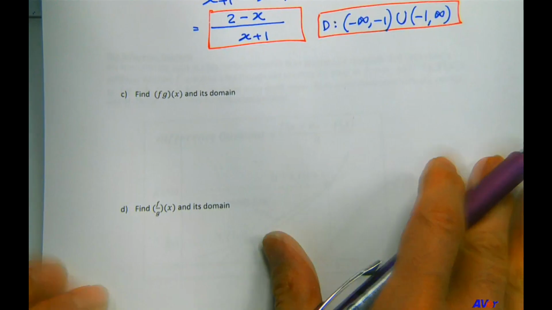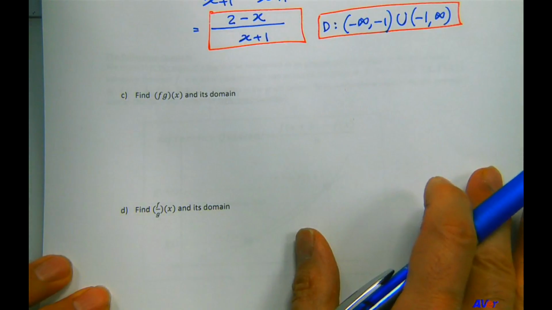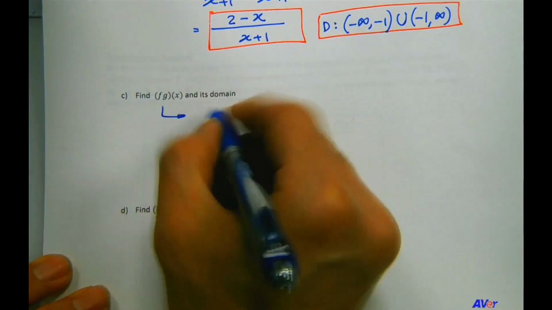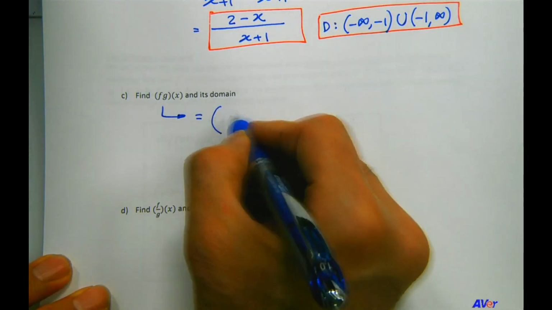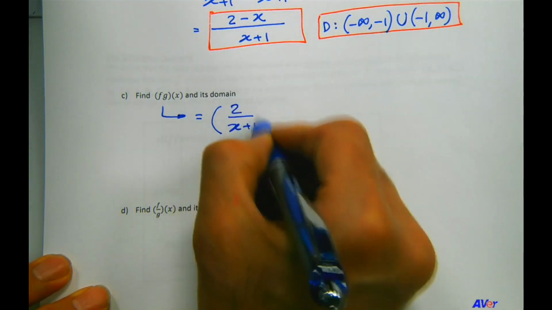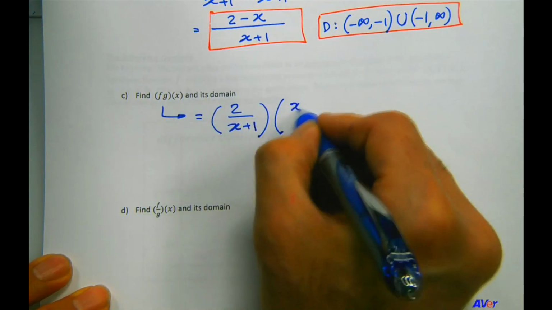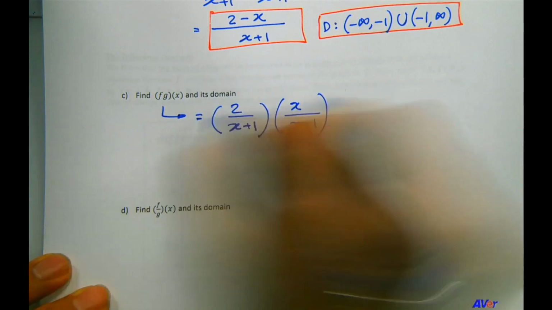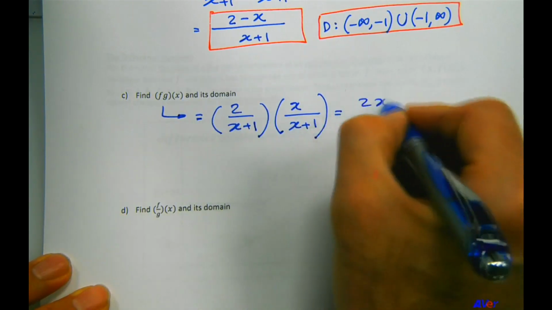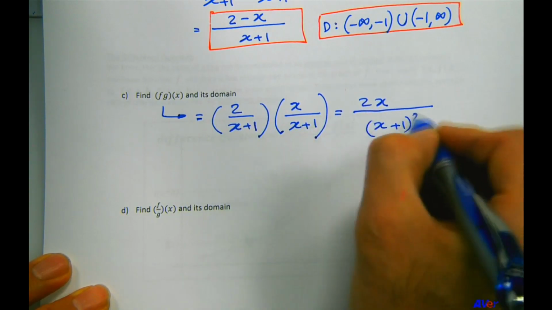Then part C is multiplication, right? I hope these are agreeing with the solutions you have. So this will become equal to f, which was 2 over x plus 1, times g, which was x over x plus 1. So what is the result? The result is 2x over (x plus 1) squared.